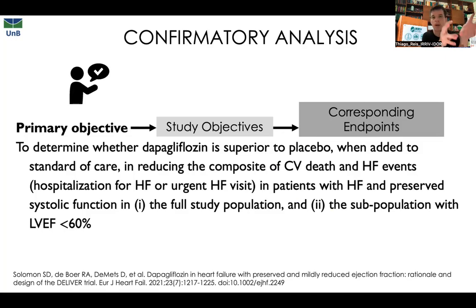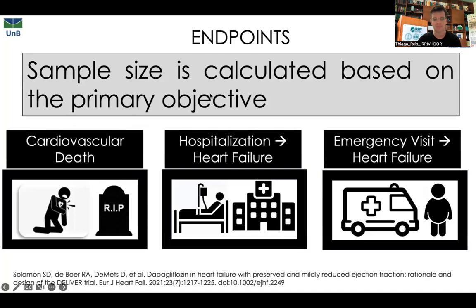This is the primary objective. The endpoint or outcome is how I will measure my objective. There is a difference between our primary objective and primary outcome. Primary objective is the idea, the concept that I want to prove, whereas the outcome is how I will measure that to prove or refute my first claim.